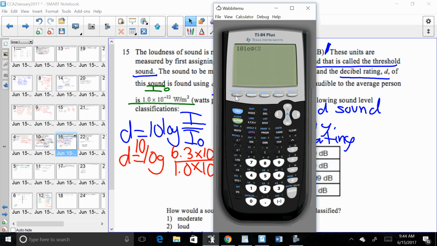Alpha y equals enter for the fraction. You have it in Spire, well, you're on your own. The top is 6.3 times 10 to the power of negative 3. And then my bottom is 1.0.